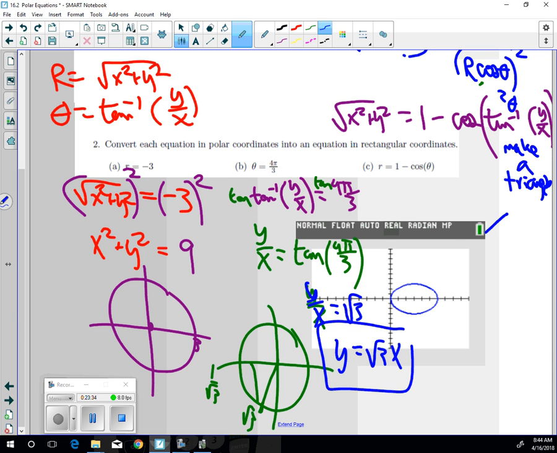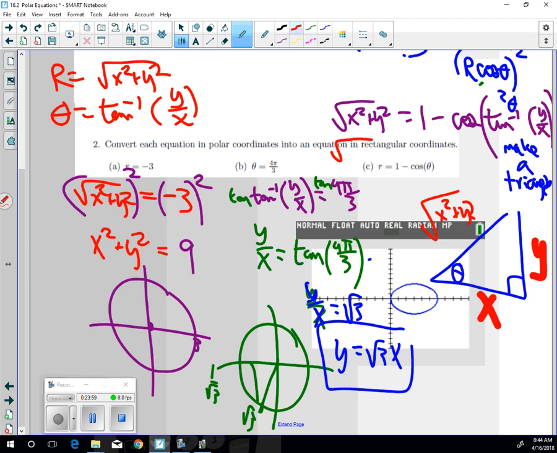And so when I make a triangle and I use tangent, it's going to be y over x. What will this be here? Square root of x squared plus y squared, right? So if I'm taking the cosine of this, it's going to be x over that.